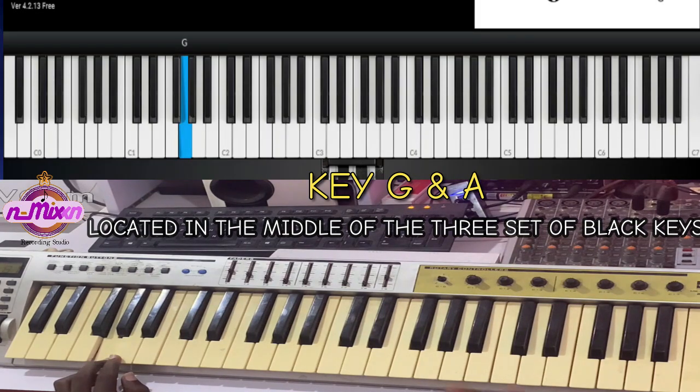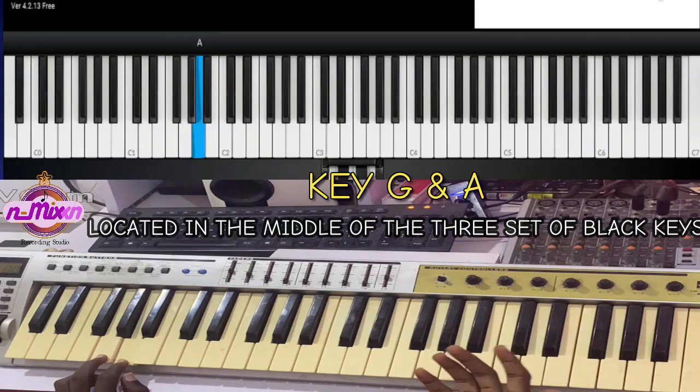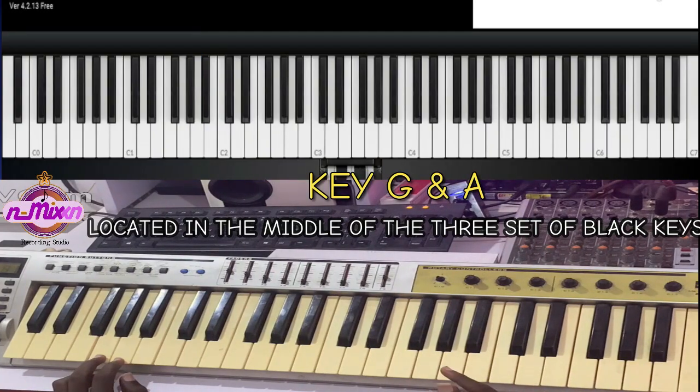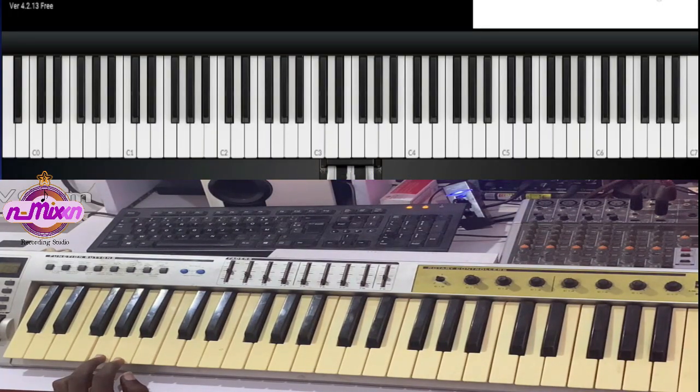They are both in the middle, but G comes before A. Normally I tell my students that those who are in Ghana, you can just say Ga. The people of Accra, the capital city of Ghana, are called the Gas, G-A. So if you have forgotten, just remember Ga, and then you know you have G and A.